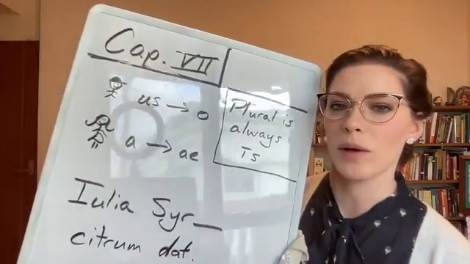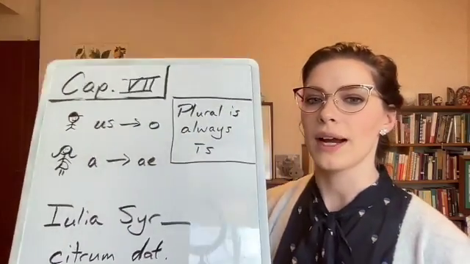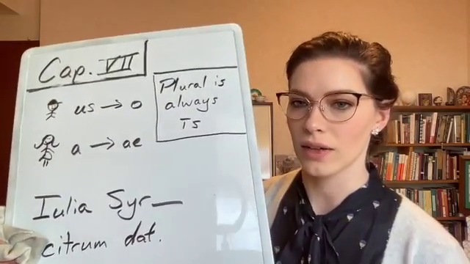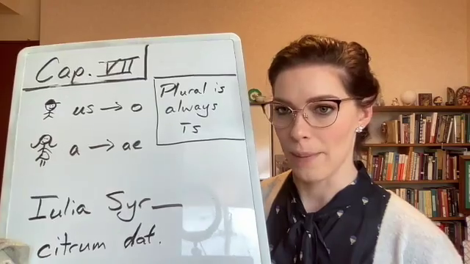Okay, let's do... We're going to give away some lemons today. Why not? I love me some lemons. So do the Romans. They love their lemons. All right. Julia is giving Sira, her maidservant, a lemon.